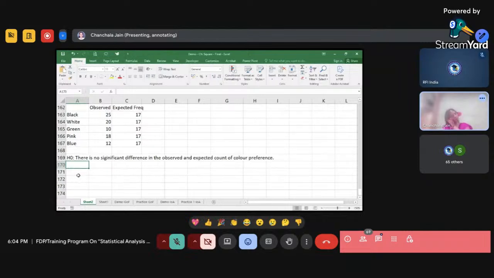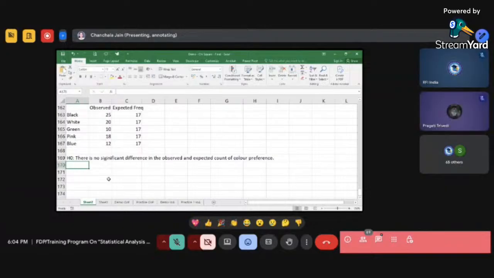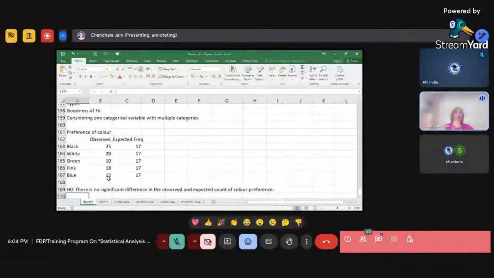Is it okay? So this is a very simple form of chi-square test, known as goodness of fit.